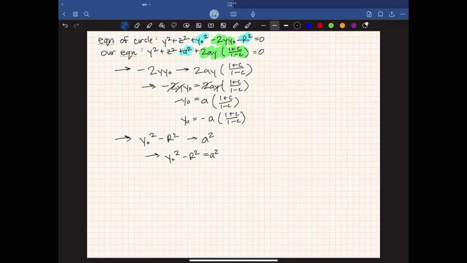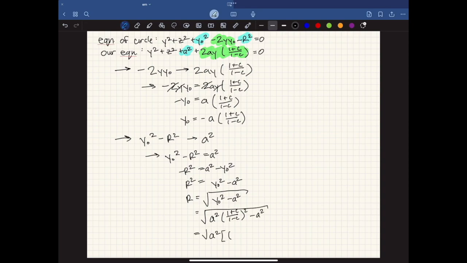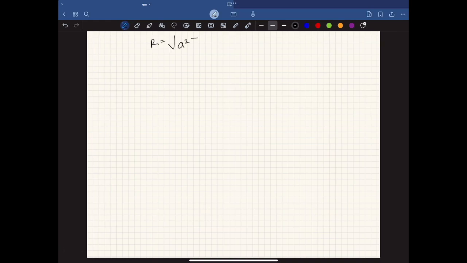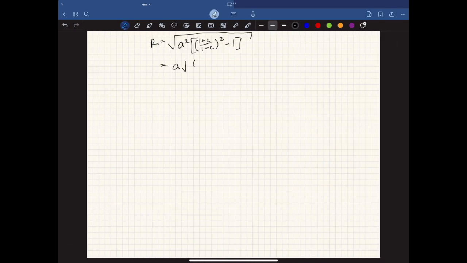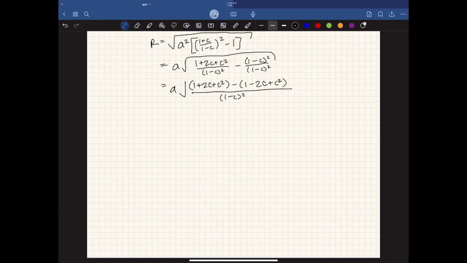And we already solved for y naught earlier, so we can substitute that in here also. And this is what we get for r.